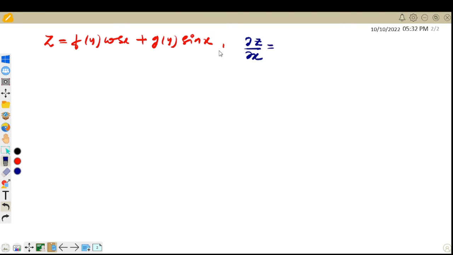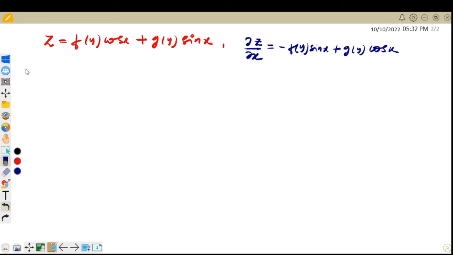What will happen here? f(y) remains as it is. The differentiation of cos x becomes -sin x. So this is -f(y) sin x + g(y) as it is, and the derivative of sin x is cos x.